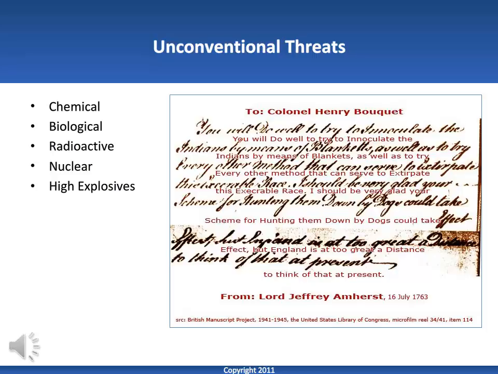What he suggested was that Bouquet make a peace offering to the Indians of infected blankets, which he did. Smallpox then erupted in the Indian community. There's no medical record that the two were connected, but this is clearly a possibility of one of the first uses of a biological weapon in a military case.